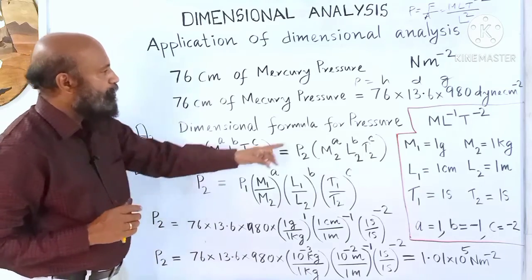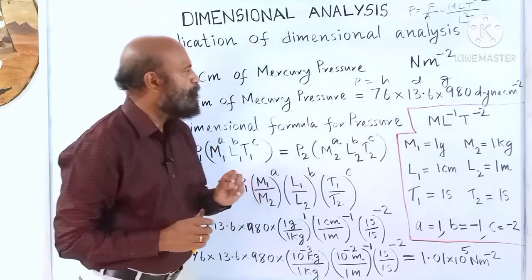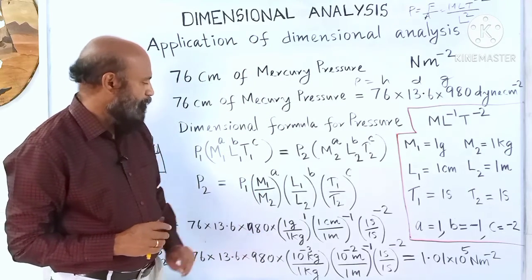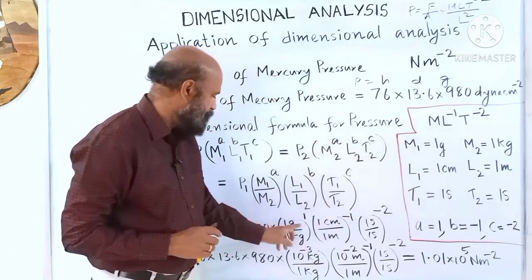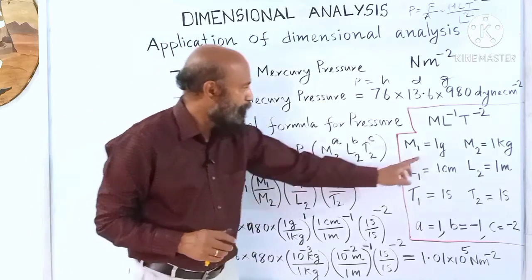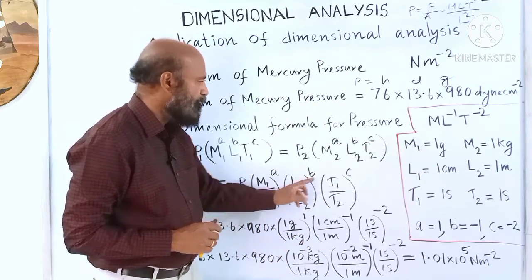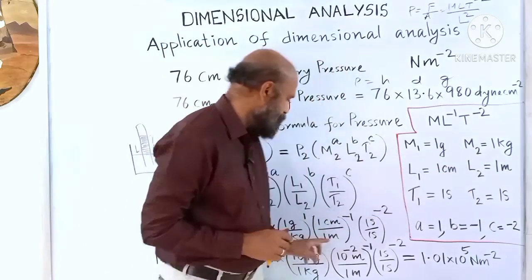Now for P1, we can substitute the value of the atmospheric pressure in the CGS system. Then M1 is 1 gram, in the second system M2 is 1 kilogram. L1 in the first system unit is centimeter, L2 in the second system is meter.